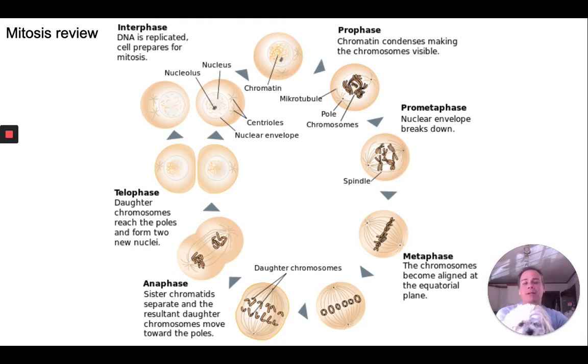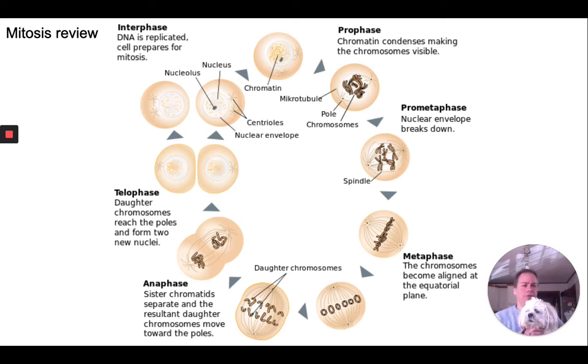But mitosis happens when new cells are needed for growth or for repair, and basically cells just make copies of themselves. And so what I have here is just a review of the phases of mitosis. If you remember, in the beginning stages before mitosis even happens, the DNA copies itself.